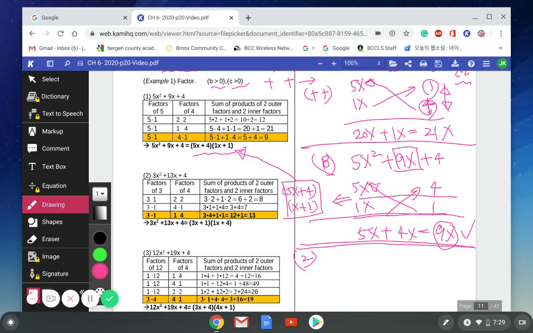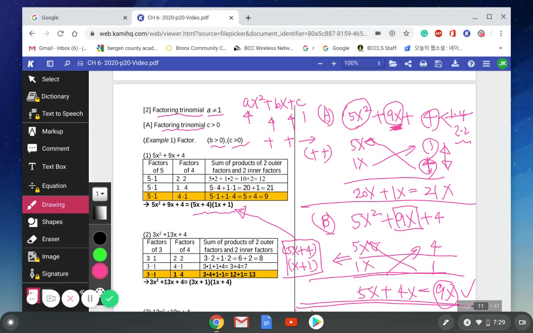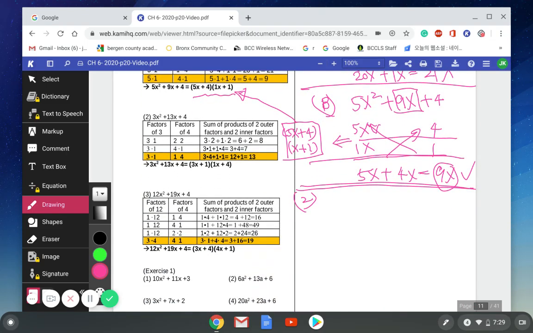That was number 1. Number 2, try 3x squared plus 13x plus 4. So again, you're breaking 3x squared into 3x and 1x.